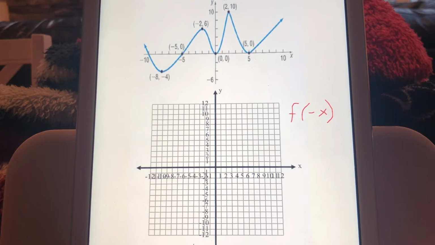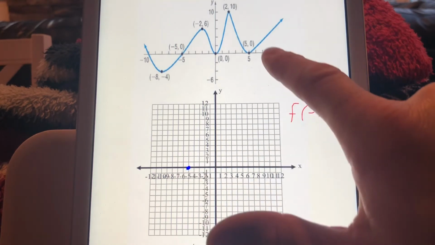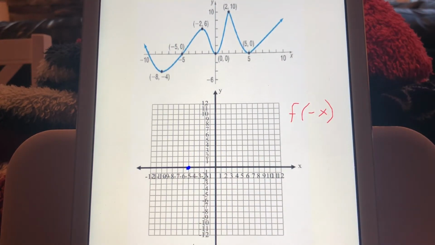As we plot those, you see I've placed here at negative 5, 0 the reflection of 5, 0. I'm going to reflect all the points that you see. That's at negative 2, 10. Again, the origin reflects to itself. Negative 2, 6 becomes 2, 6. Negative 5, 0 becomes 5, 0.